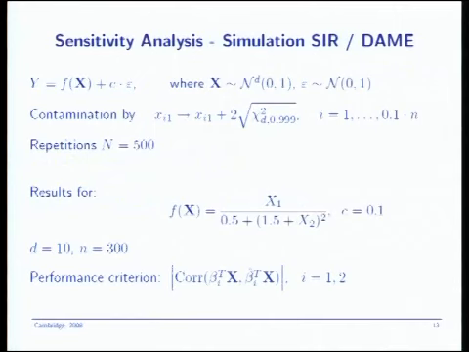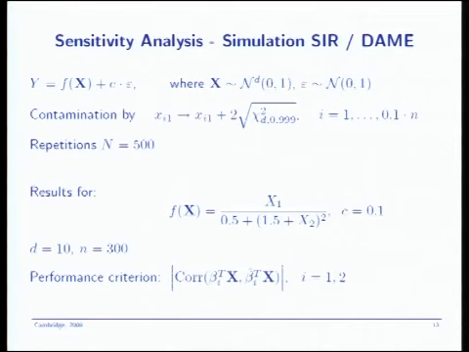We have carried out a small comparison by simulations. Namely, this is a simulation where the link function looked like this, so it depends only on 2 of the X variates, and the dimension of your observations in the beginning had been 10.